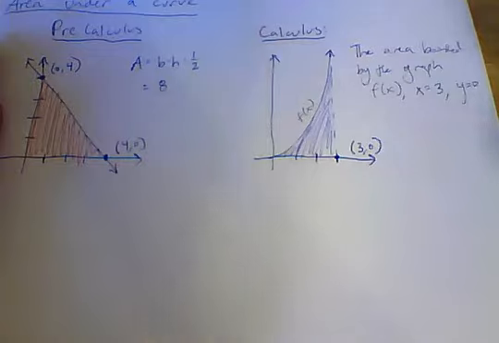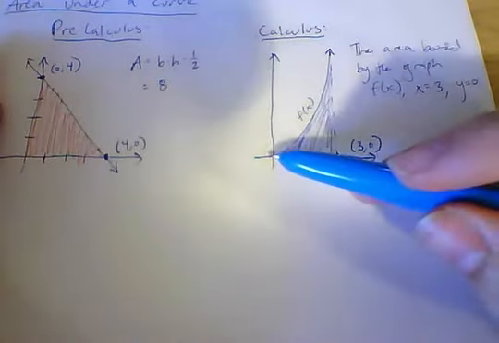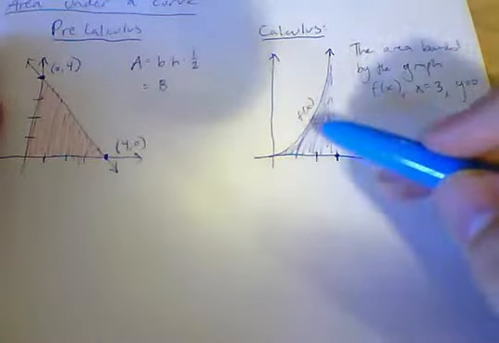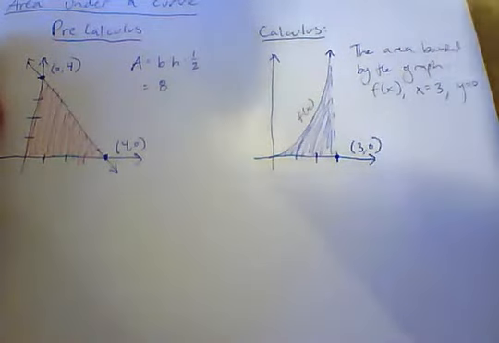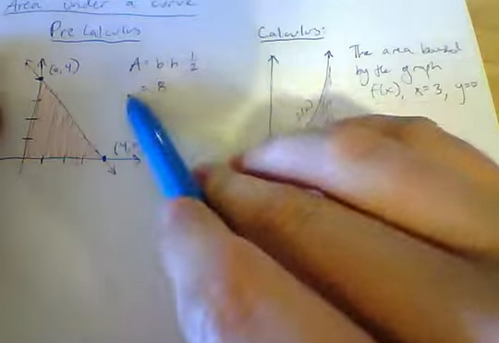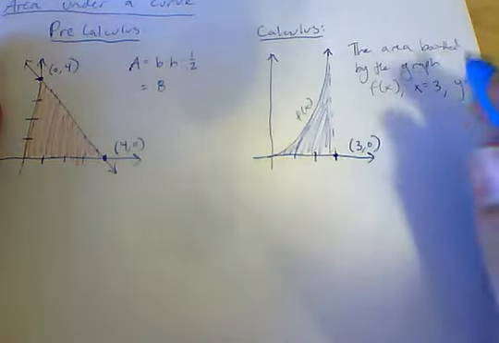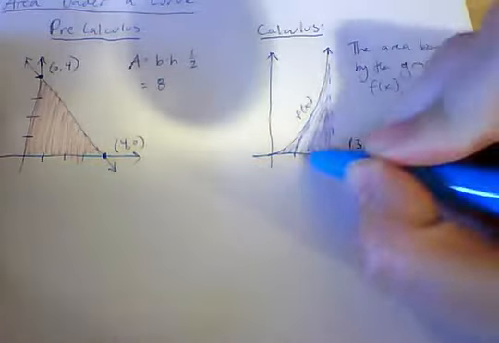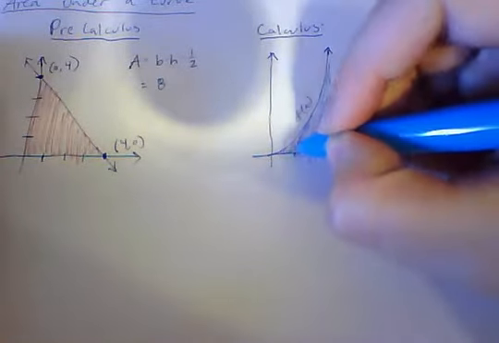And what calculus lets us do, you can see that there is no formula for finding the area under a curve, right? We can't just call this a triangle, call it good enough, and use this formula. We can't do that. We need to be more accurate. And in calculus, the way that we do that is we split this up into rectangles.